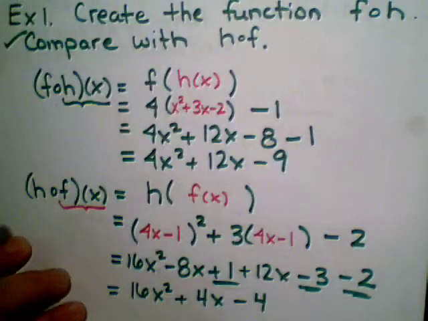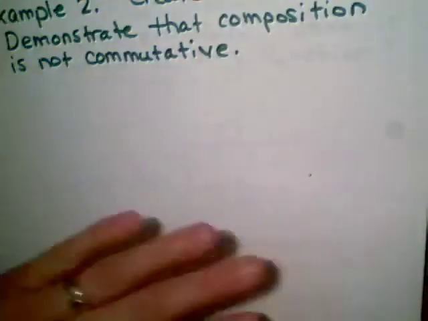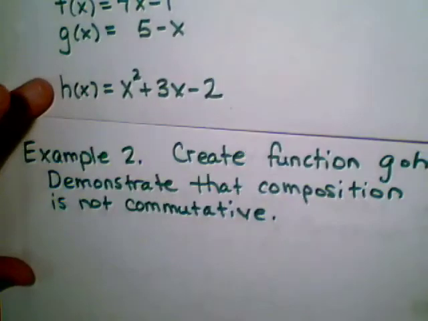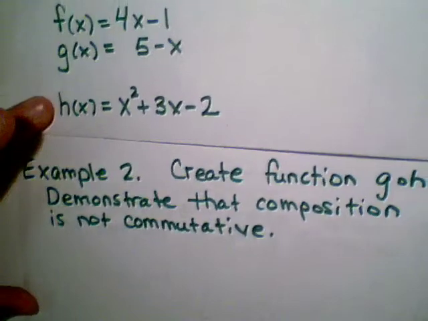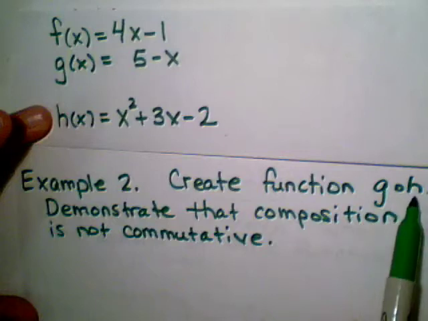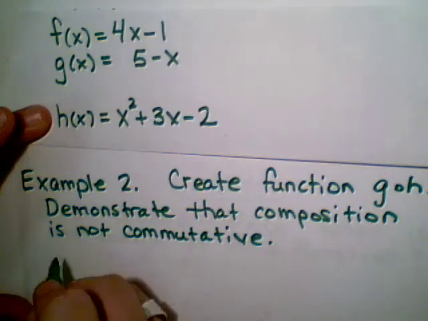Okay. Example 2. Let's do the same thing, but with different functions. Let's create the function g composed with h, and then like we did before, we'll demonstrate that composition is not commutative. Okay.